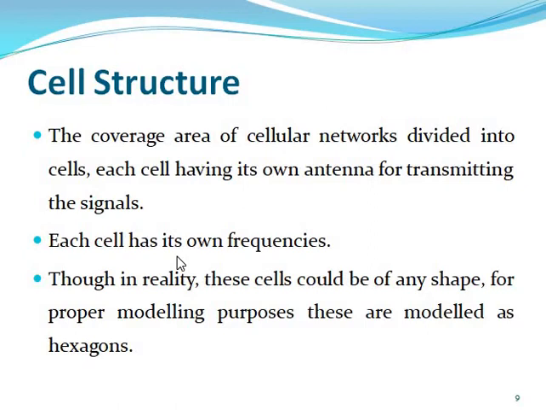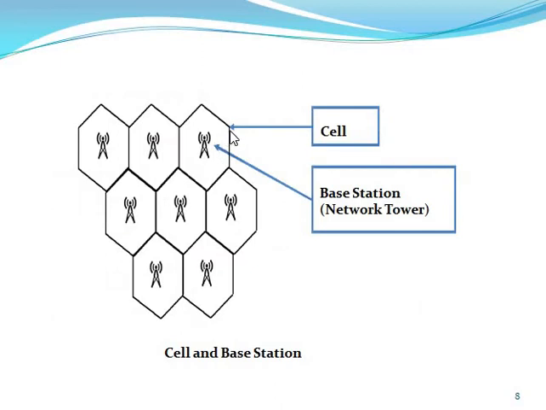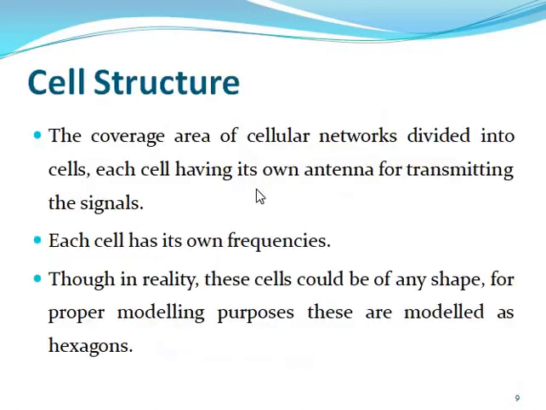All that information you can see in unit number 2. So now, what is the cell structure? Each cell has an antenna for transmitting and receiving the signal. You can see here one cell, here one cell, here one cell; these are all cells. All the cells are occupied by an antenna for transmitting the signal.